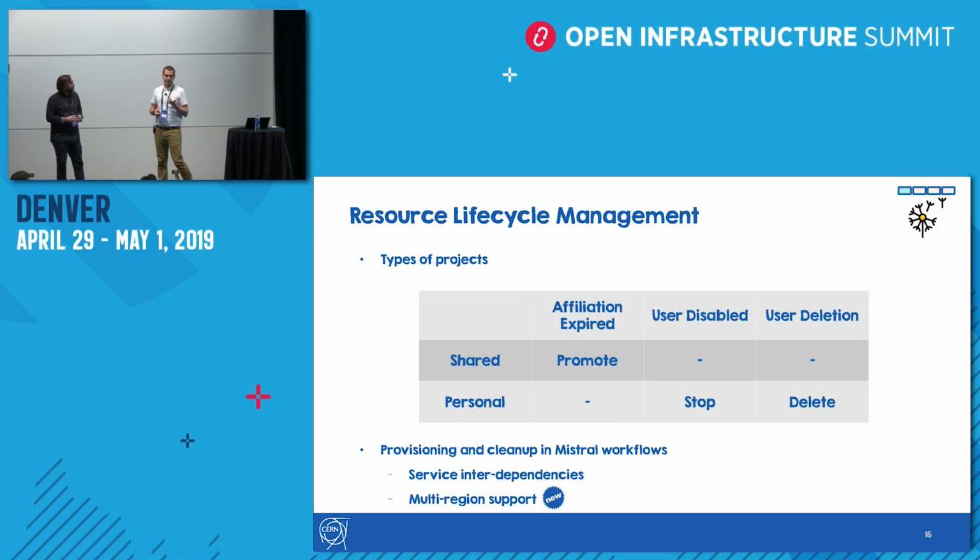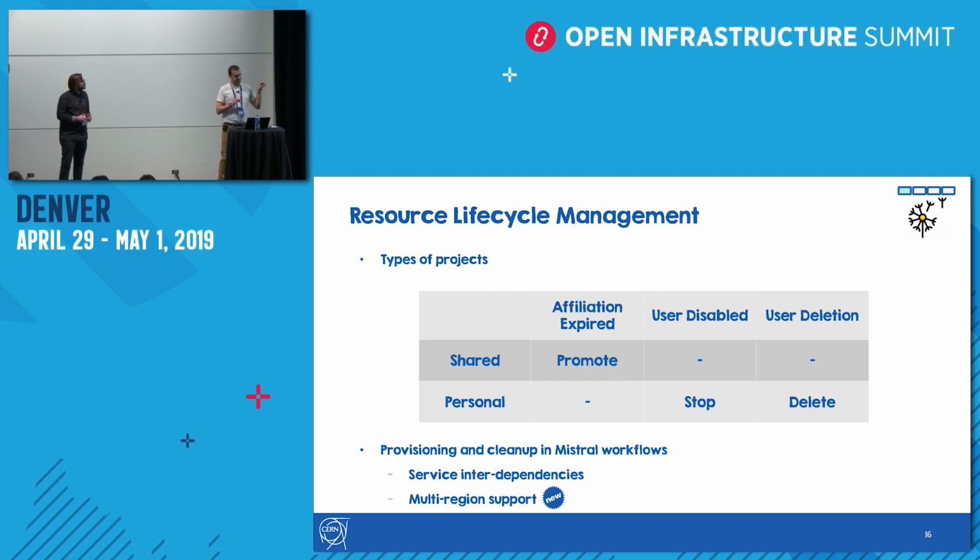Something quite specific to our cloud deployment, that we don't have in a typical public cloud, is that we have two kinds of projects, basically fitting the two things I was mentioning.